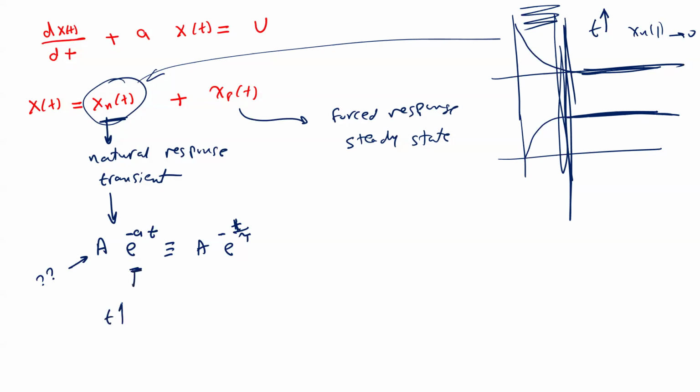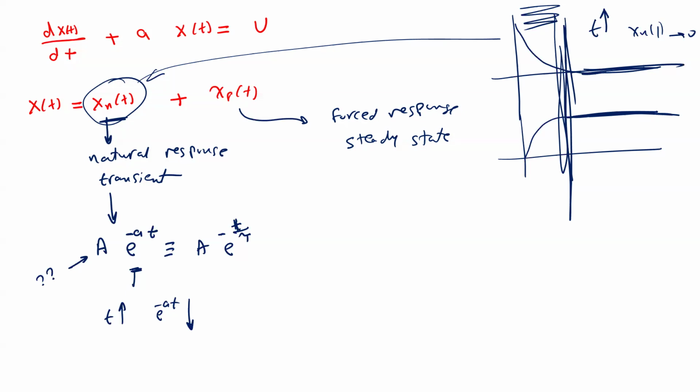As t increases, e^(-at) is going to decrease until it becomes zero. Once it is zero, this term is zero. So that's why this term is going to disappear: as t increases, the whole term decreases. That's why I told you the transient response is going to die out quickly after some time.